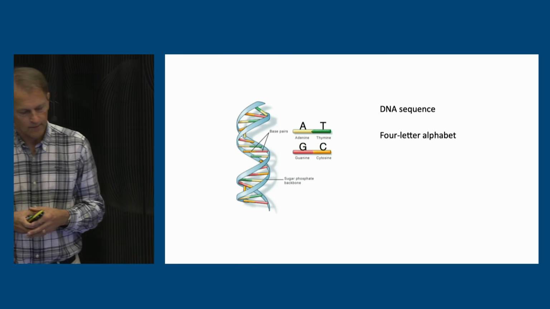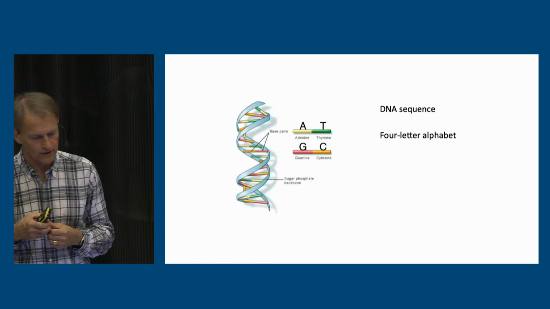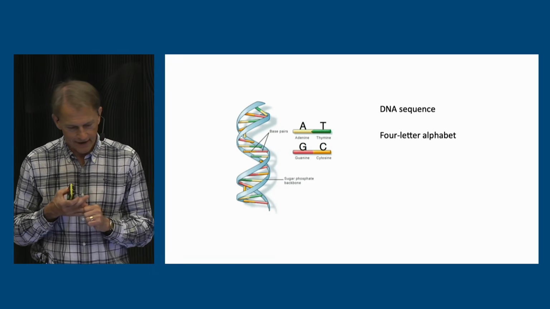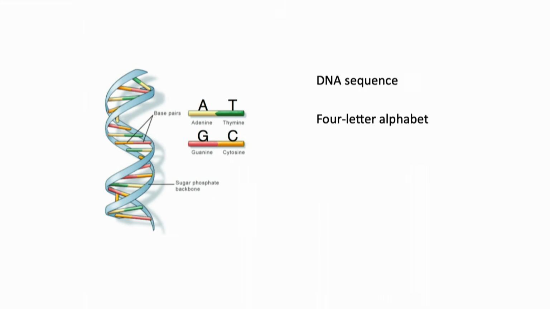Okay, so to construct or discuss the substitution model, we need to know a little bit more about the DNA sequence itself. You can really think of this as a sequence from a 4-letter alphabet, consisting of these 4 letters, the nucleotides adenine, thymine, guanine, and cytosine.